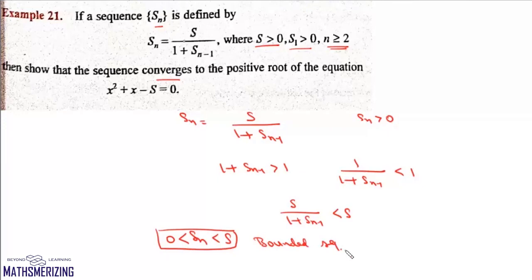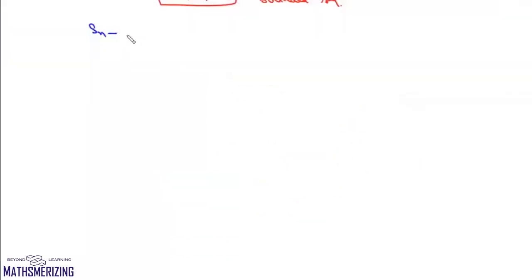Now what we'll do is, we'll find S_n minus S_{n-2}. Now this one will be s upon 1 plus S_{n-1} minus s upon 1 plus S_{n-3}.